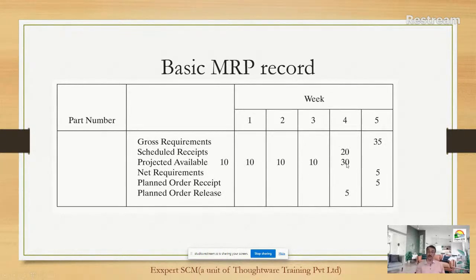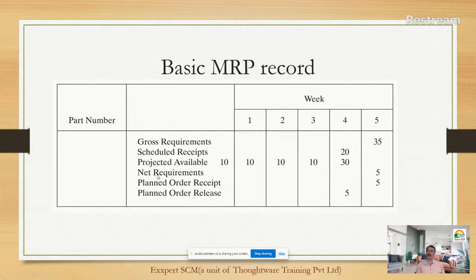Whereas in the fourth week, since you are getting 20 numbers, it's getting added. So 10 plus 20, you have a total of 30 numbers in balance in hand. Now you have a requirement of 35 in the fifth period, but you have only 30 available with you, which means there is a net balance of 5 still required.